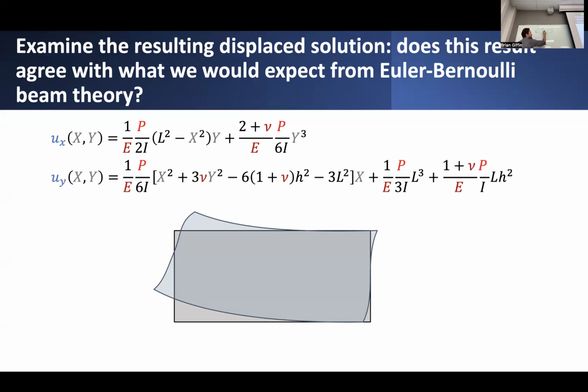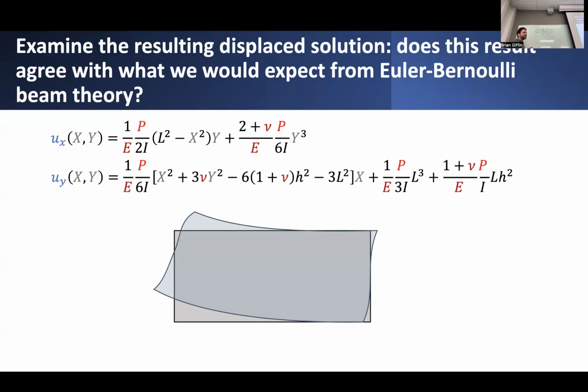ultimately, if you have some cross section that you can draw originally such that it's perpendicular to the neutral axis of this beam and planar initially, then after deformation, Euler-Bernoulli beam theory states that this particular cross section should remain perpendicular to the deformed neutral axis, and it should also remain planar.